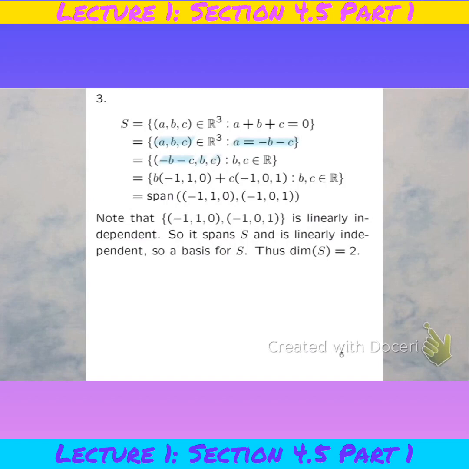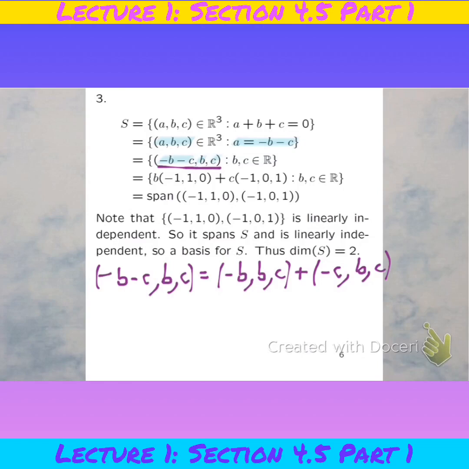And now we have the following. If we look at this vector (minus B minus C, B, C), we can write it as the sum of these two vectors: B times (minus 1, 1, 0) plus C times (minus 1, 0, 1).